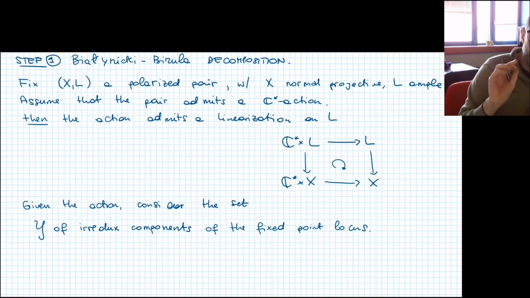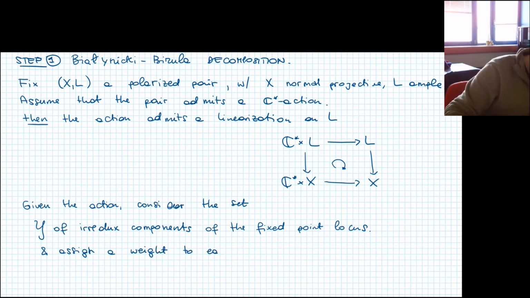Since the action admits a linearization, we can assign a weight to each fixed locus component Y.